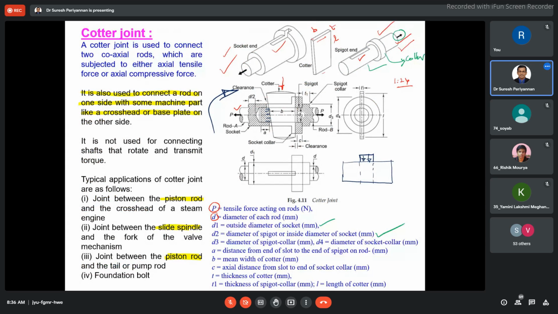Now come here. We already know the force acting here is P by 2. The force between the socket end and the cotter is assumed to vary linearly from 0 to maximum.